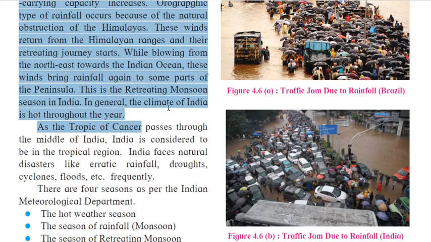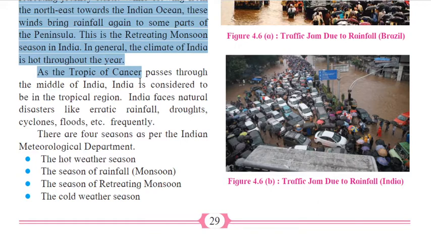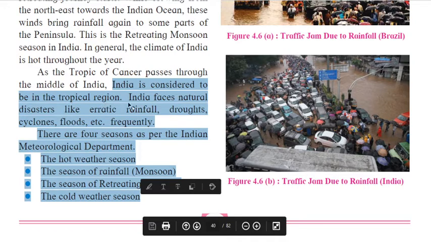In general, the climate of India is hot throughout the year. I hope you have understood, because this is a descriptive one. As the Tropic of Cancer passes through the middle of India, India is considered to be a tropical region.